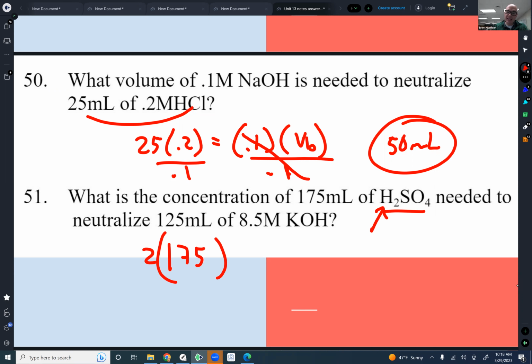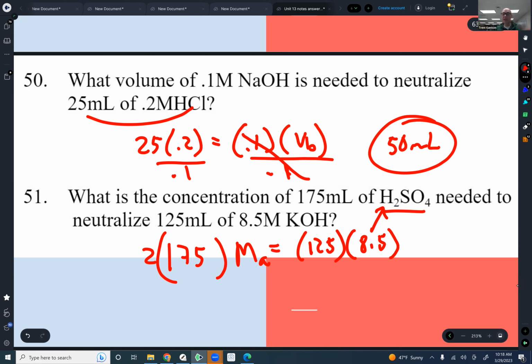And I'm going to set that equal to the molarity of the base, 125 times 8.5. Now I don't need to multiply that by 2 because there's only one OH. So I solve for my MA. I've got 125 times 8.5 divided by 2 divided by 175, and I end up with 3.03 as the molarity of the acid.